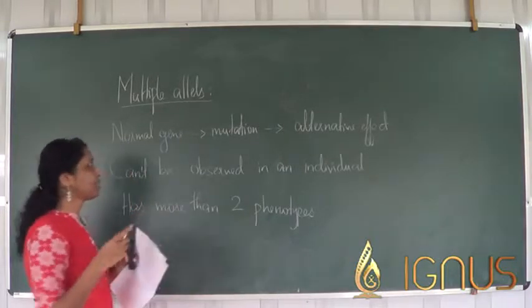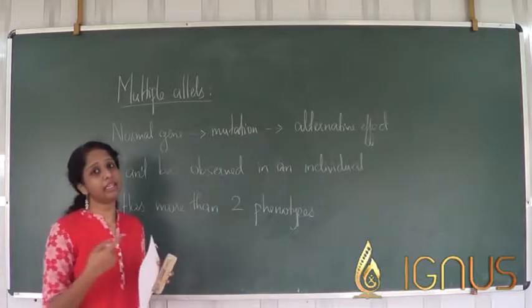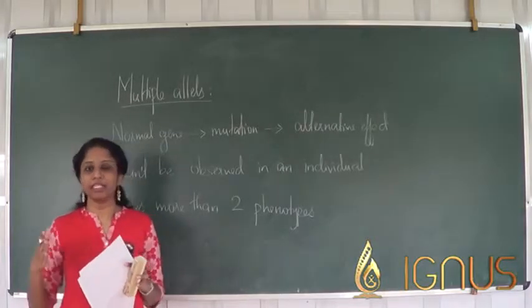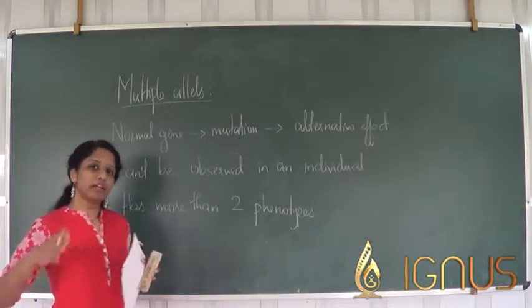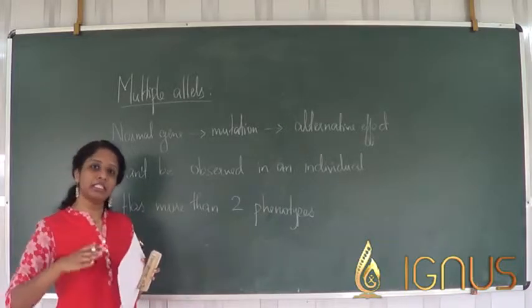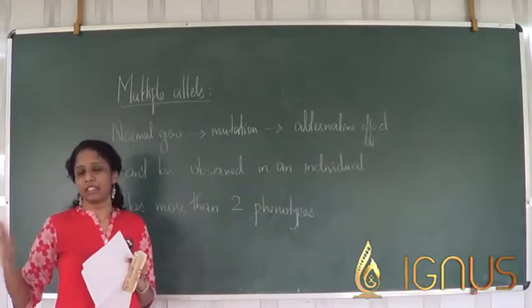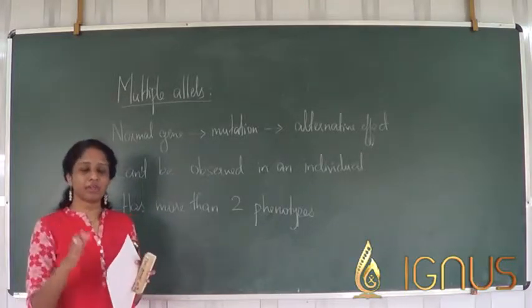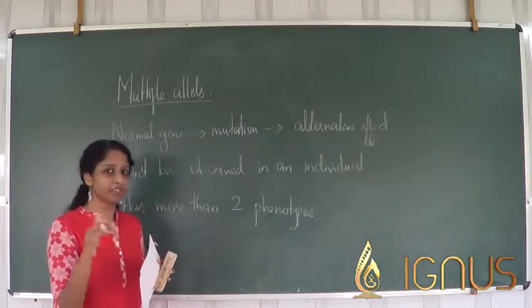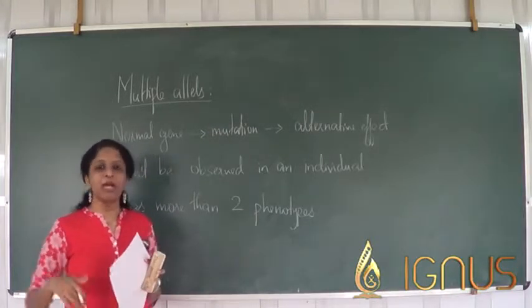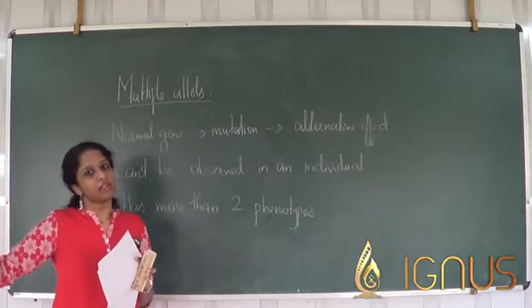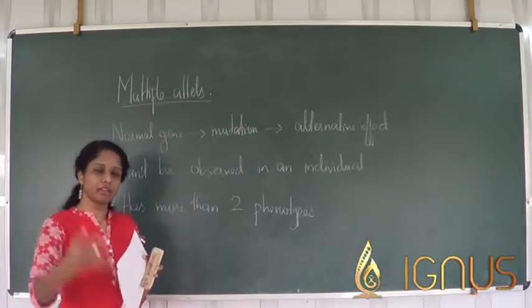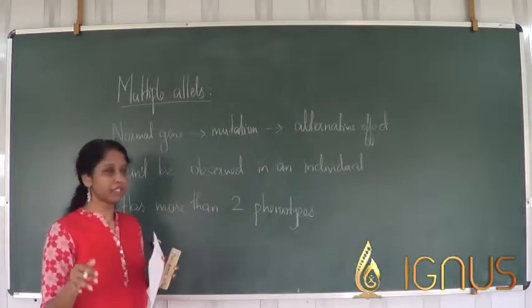So if you want to study multiple alleles, you will need to study an entire population, and only then will you come to know what other variants of that gene are present in the population. You can then figure out that it is not just two alleles found in one specific organism, but in another organism a different two alleles, and in another organism a different two alleles are found.